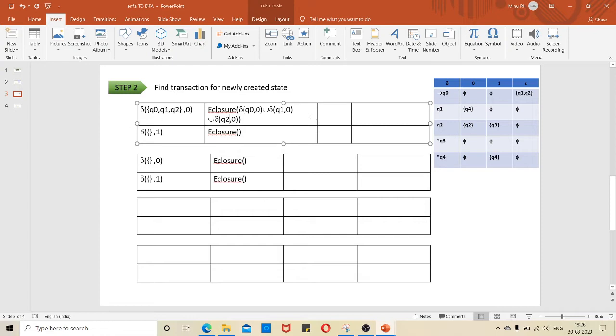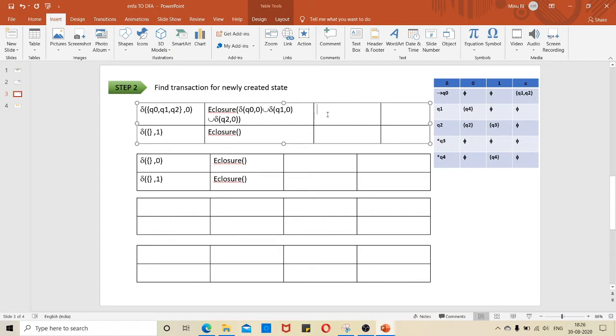This is our subset construction concept. That is, the epsilon closure of delta of Q0 with respect to 0, Q1 with respect to 0, and Q2 with respect to 0, which we need to find. So here we reduce it. For Q0, Q1 and Q2 with respect to 0 we have Q4 and Q2.